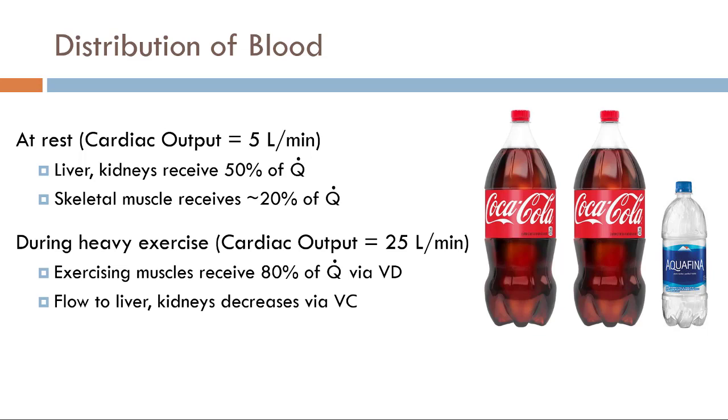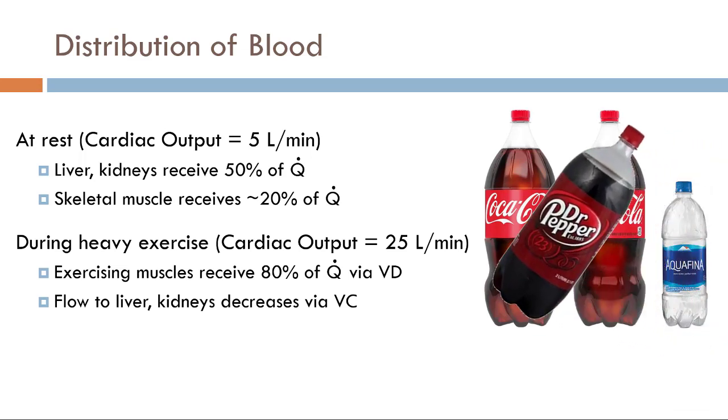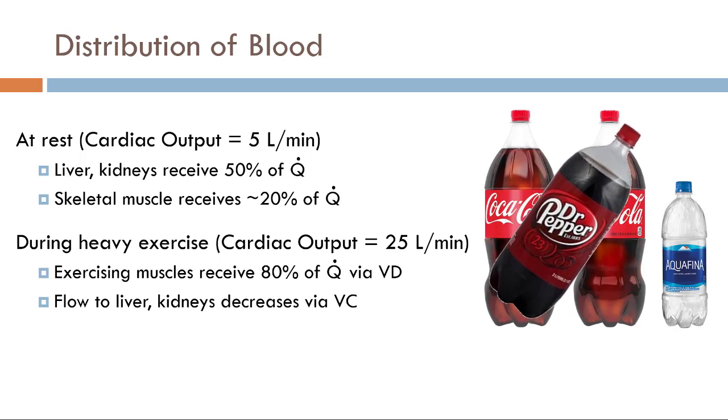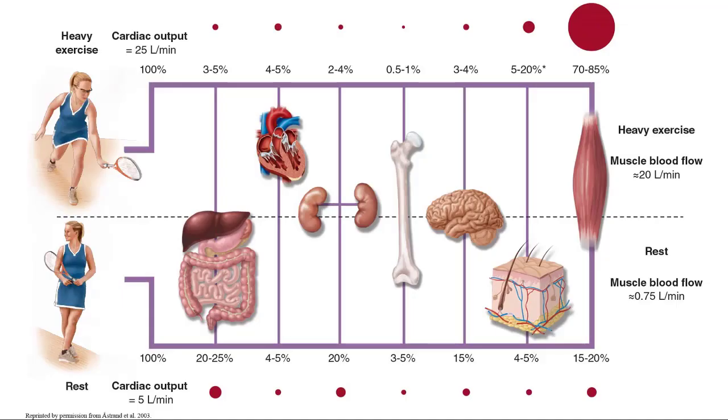So 5 liters per minute is about 2 liters of Coke, or I happen to prefer Dr Pepper, whatever soda you decide, but it just shows that that's about 5 liters, and you're getting a 500% increase during exercise.